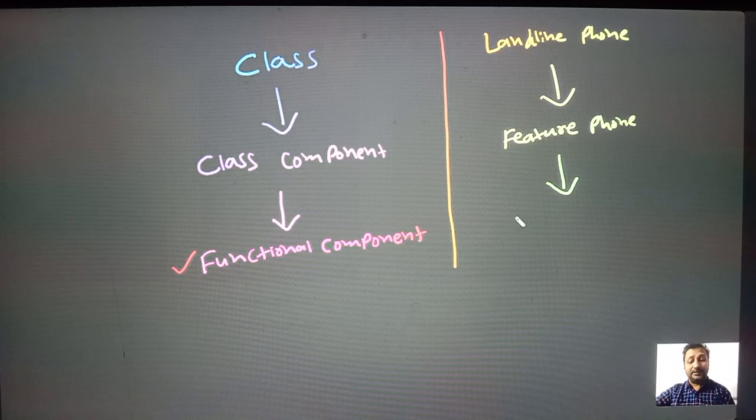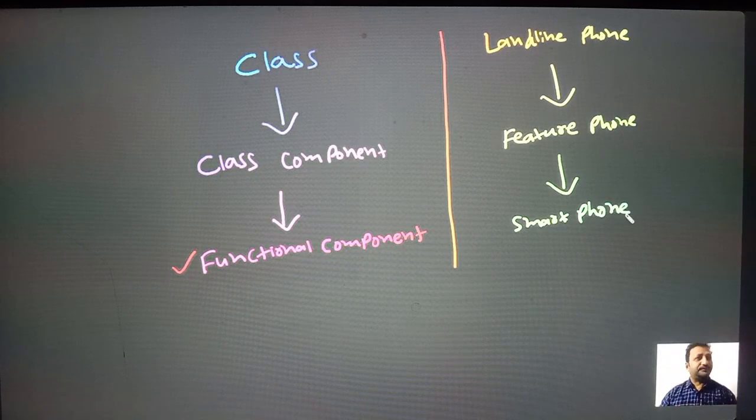Functional component is like a smartphone. The latest generation kids don't even know what a feature phone or a landline is. They'll directly use a smartphone. You are like that. You don't know what classes are. You don't know what class components are. You are directly learning functional components.